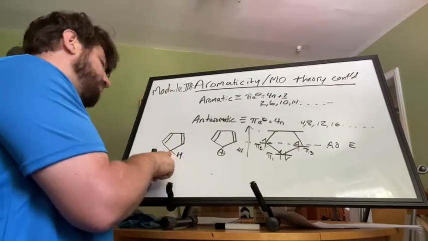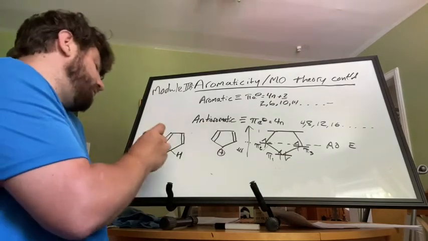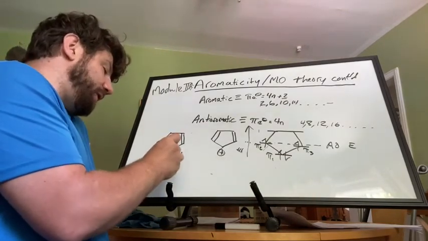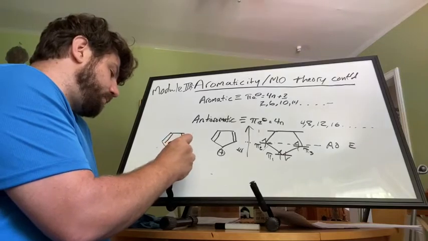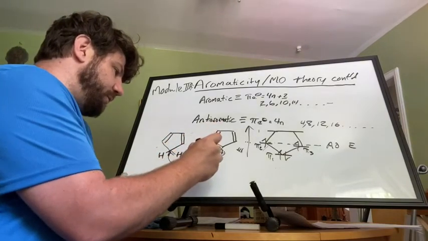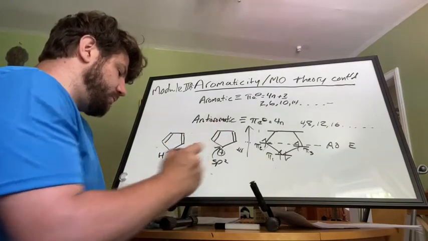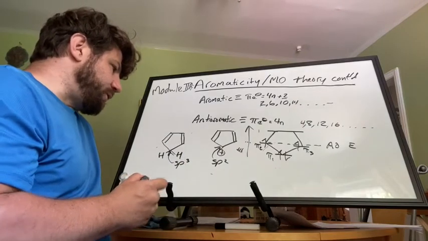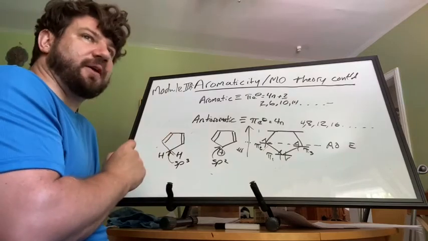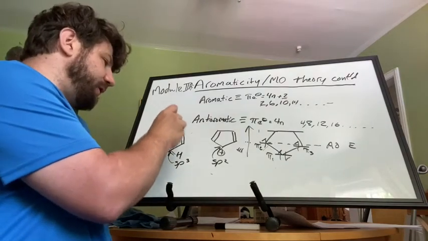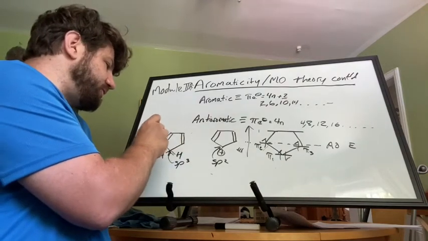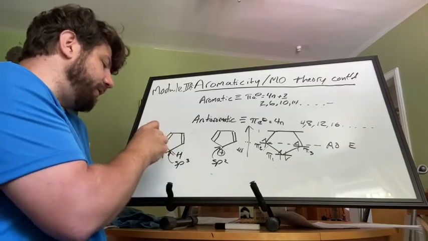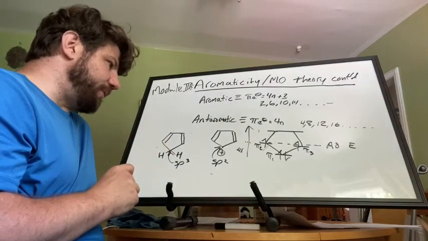So this is what is referred to as cyclopentadiene. So this is going to be sp3 right here. And this is going to be sp2. Okay. So in other words, this sp3 is going to disrupt any type of flow of electrons. So this is going to be all an sp2 environment. This is going to be an sp3 environment.